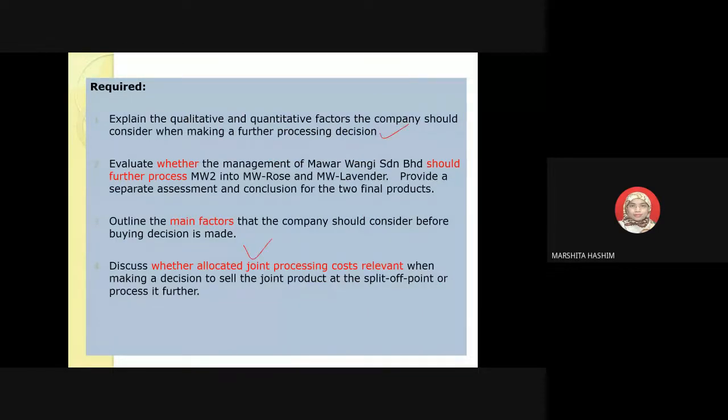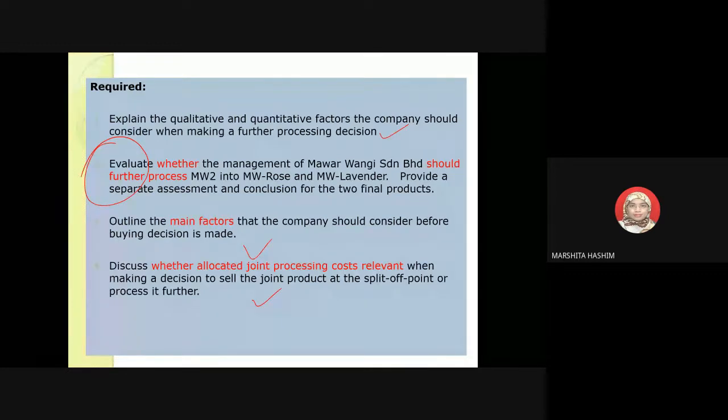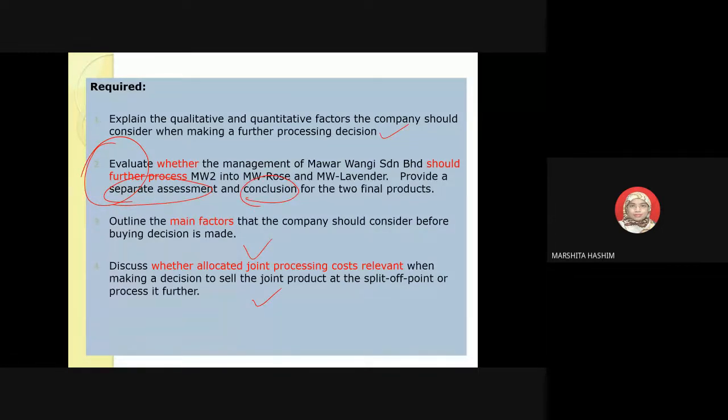All the theory part we discuss online. Now we will answer requirement 2 only. Evaluate whether management of Mawarwangi Sdn Bhd should further process MW2 into MW Rose and Lavender. Provide a separate assessment, okay, and conclusions for the 2 final products.